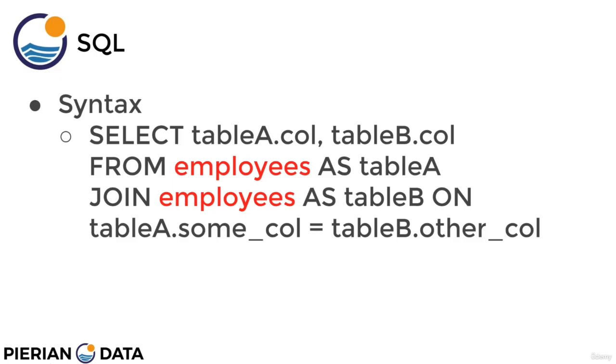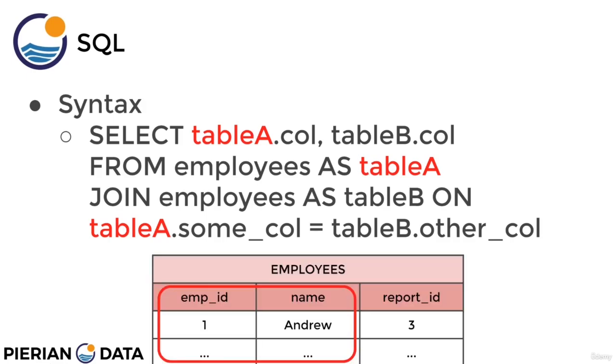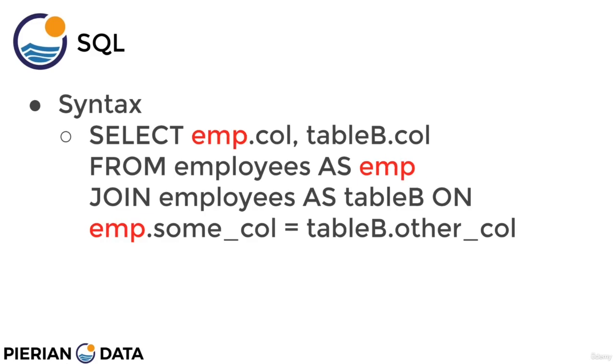And now it's time to select the first alias, which is table A. So what I want for my first column is the employee name. So I want to think of this as referring to the employee name based off the employee ID. So I'm just going to refer to that as EMP for employee. Then the second thing I want to do is focus on the person they report to.